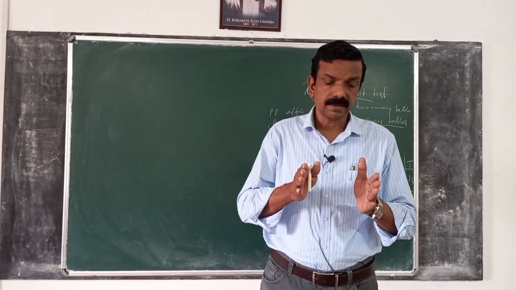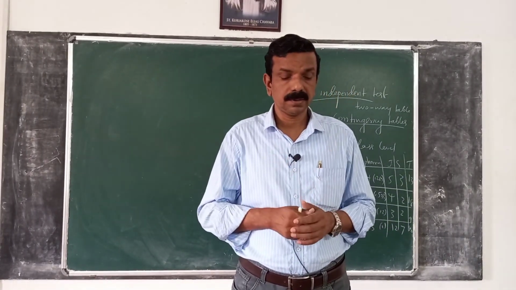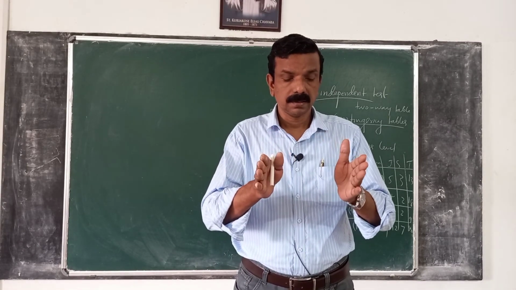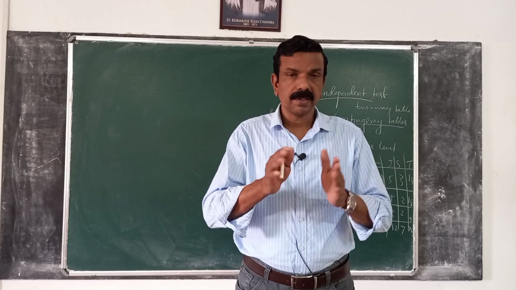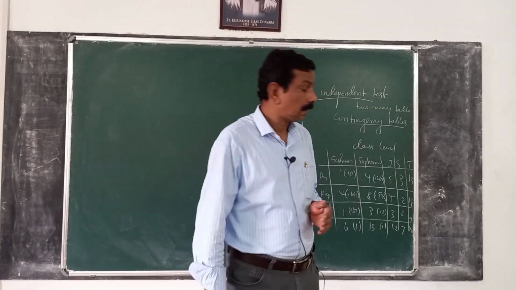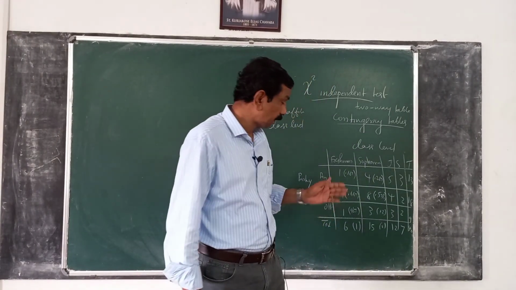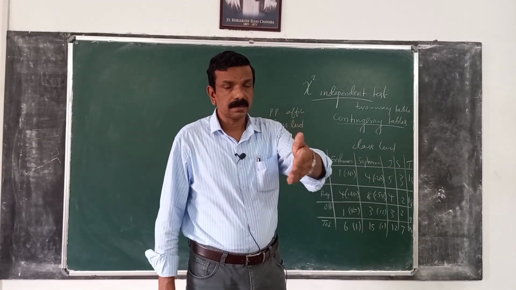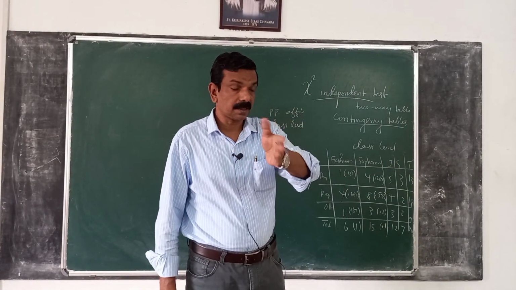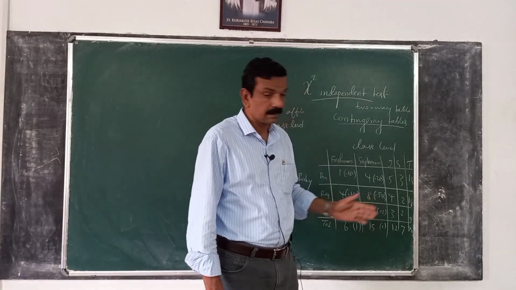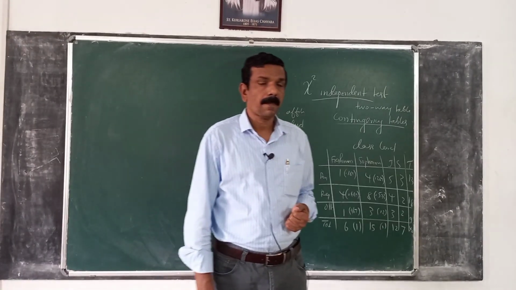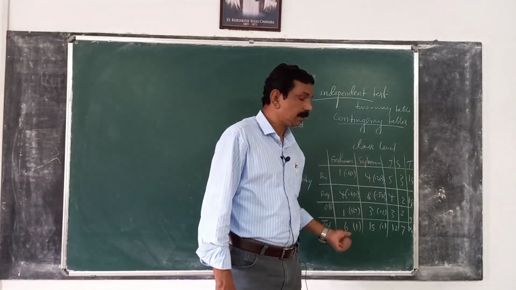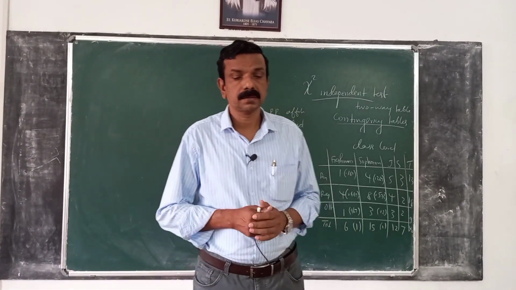So we will say that there is an association between two variables if the conditional distributions of one variable given the other are not equal.